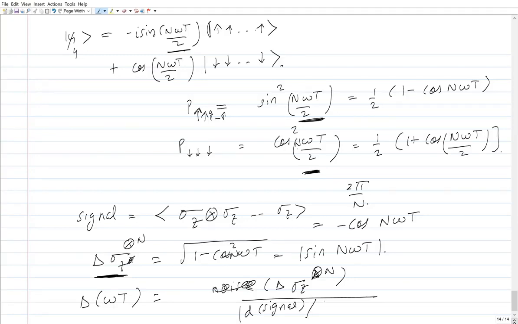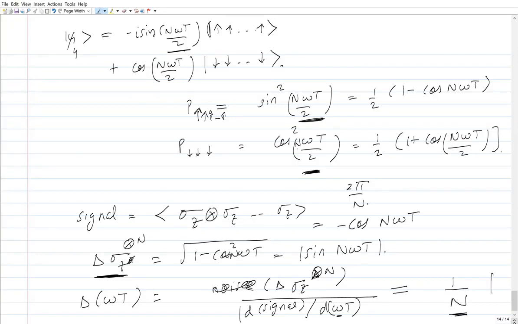This just changes my units from an estimation of sigma z to an estimation of omega. This was just a scaling factor I need to add. And what does it give me? It gives me a scaling of 1 over n.